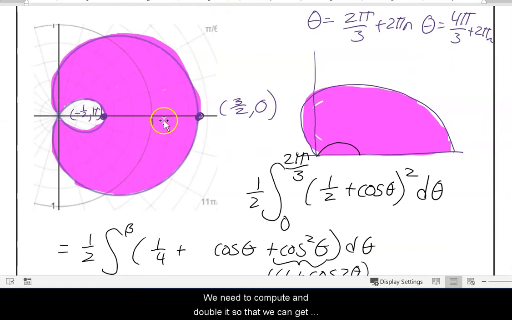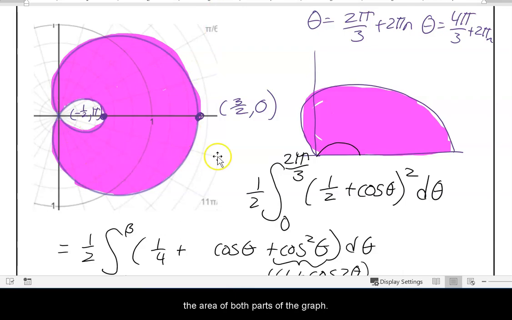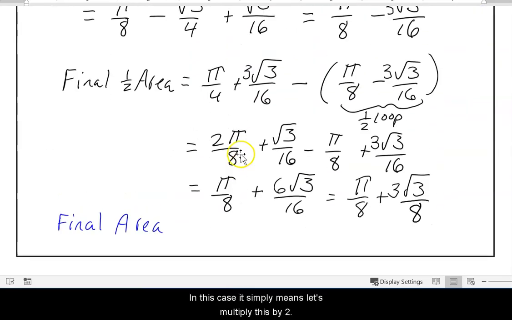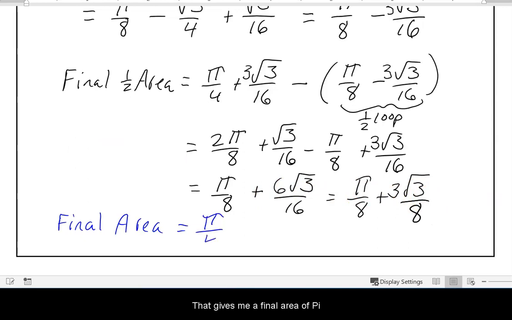We need to compute and double it so that we can get the area of both parts of the graph. In this case, it simply means let's multiply this by 2. That gives me a final area of π/4 plus 3√3/4.